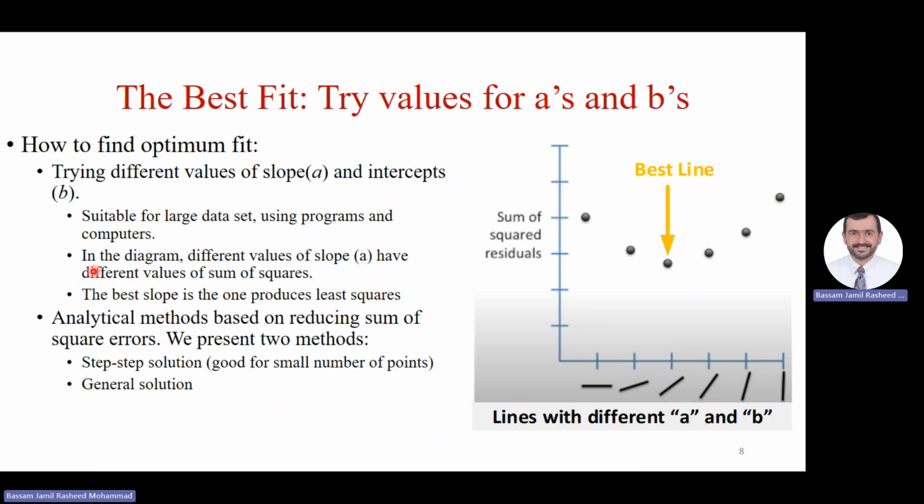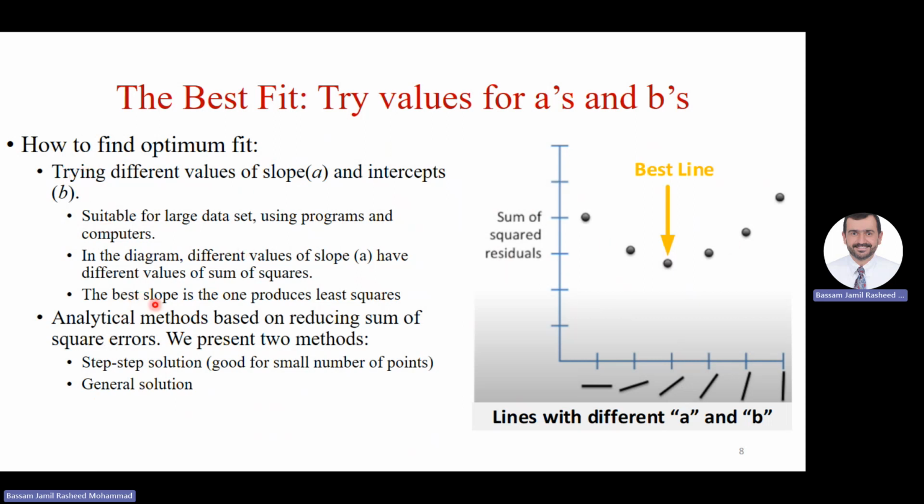I would recommend that you really have experience with this before you adopt it as your preferred solution, because you really need to know what you are doing, otherwise you will spend an infinite amount of time trying to fit this curve. But once you get your hands on it, it becomes very straightforward. So the idea really is changing the values of a and b and computing the cost function. So this is graphically.